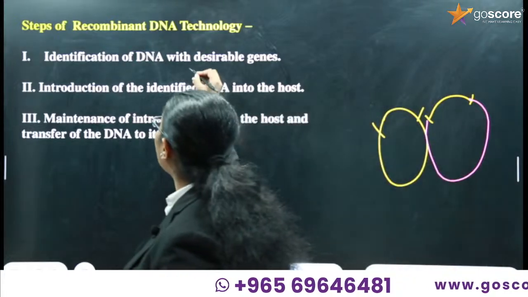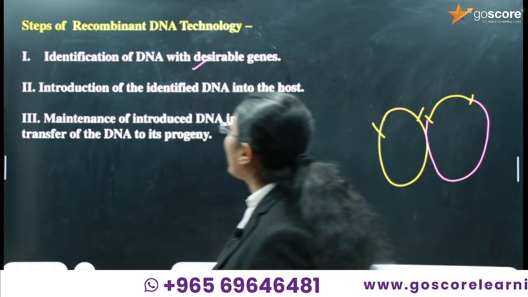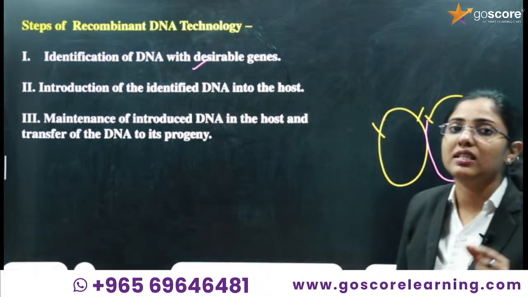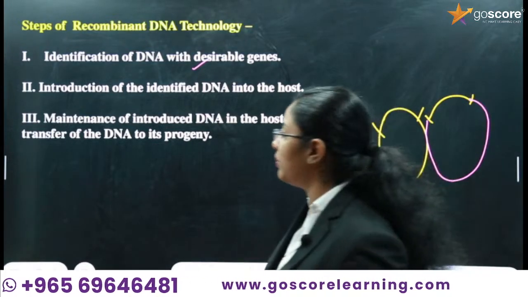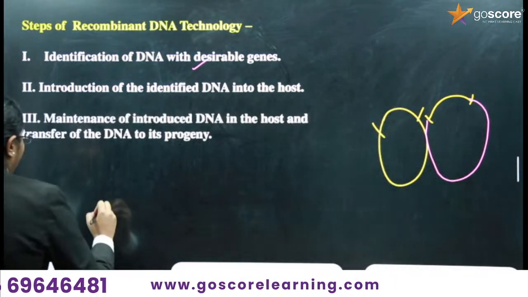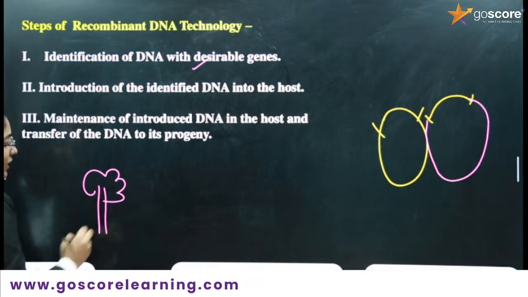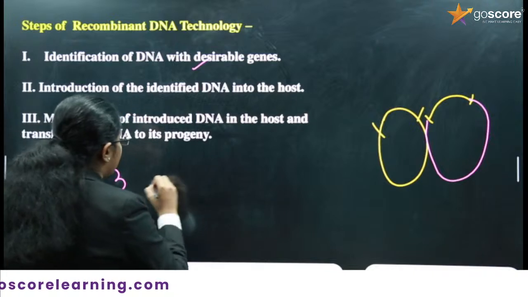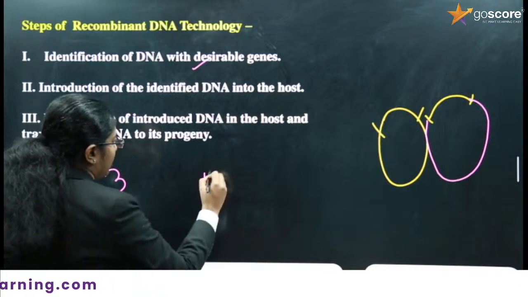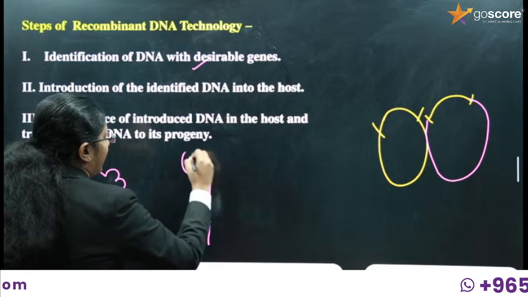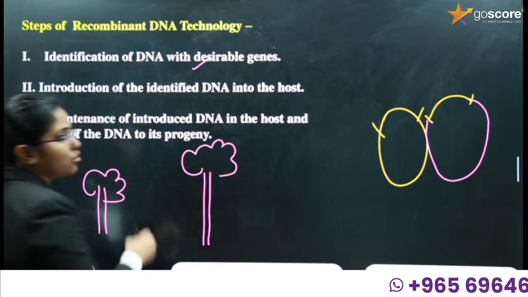First one, identification of gene, or identification of DNA with desirable genes. For example, if there is a plant that is very short, but there is another plant of the same species which is very tall and produces more yield than this short plant.